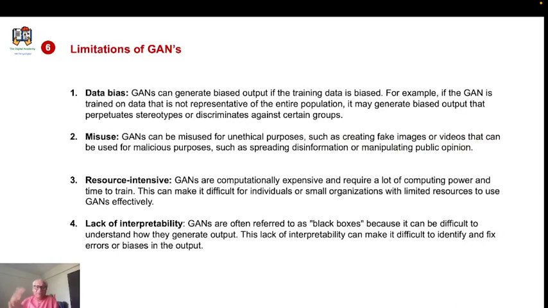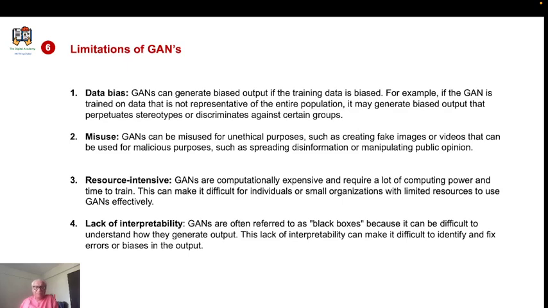Now, with that, I'm just going to spend a couple of minutes explaining the limitations of GANs. Obviously, there is data bias, and we know this is true for all artificial intelligence models. GANs can generate biased output if the input data is biased. The other interesting thing, and probably the most important one, is misuse.